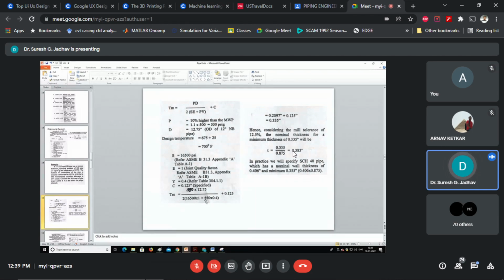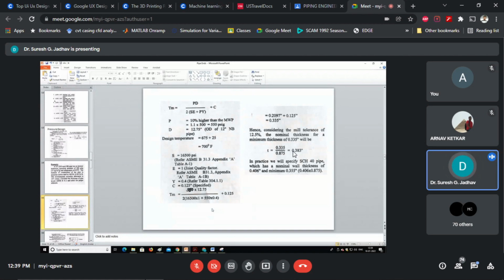P stands for the design pressure, that is 550 psi, into the coefficient, that is 0.4, bracket close, plus here C is 0.125 inch.